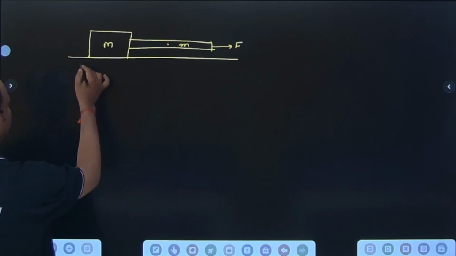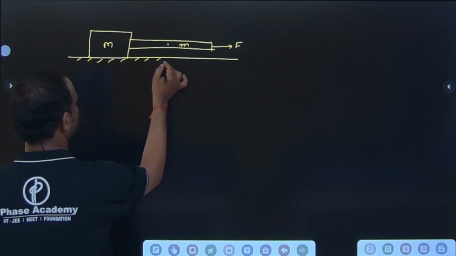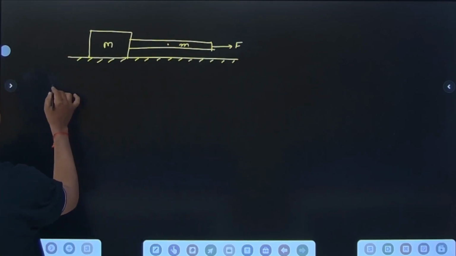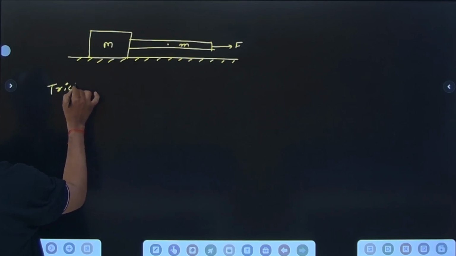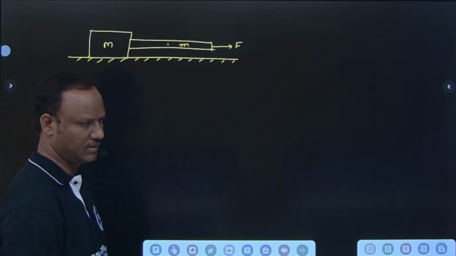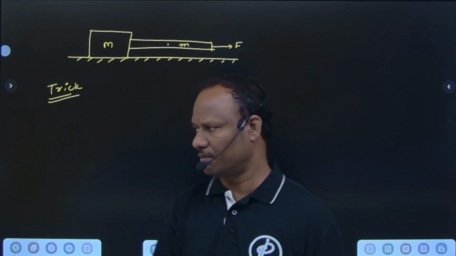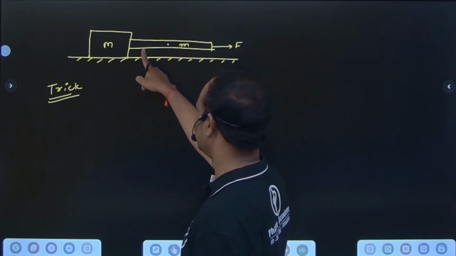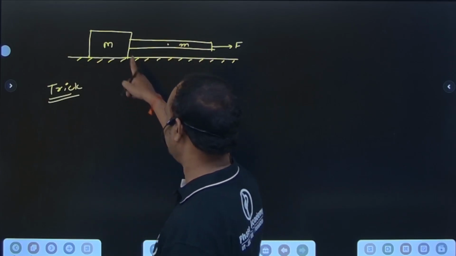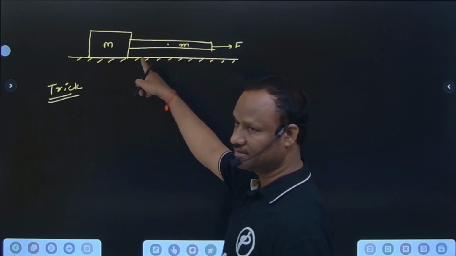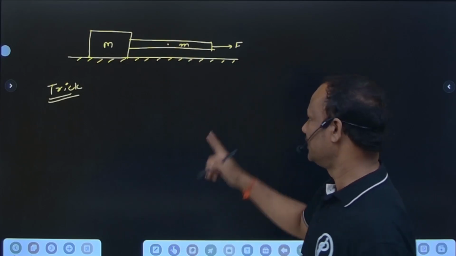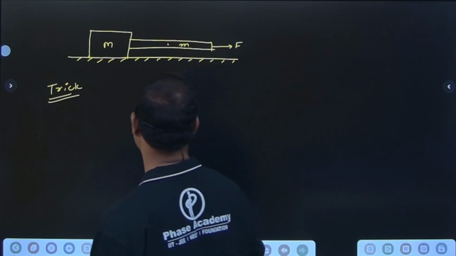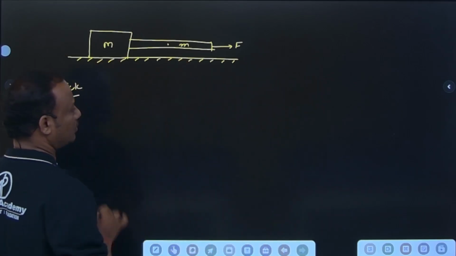For problem solving, the trick is this: whenever the mass of the rope is considered, you treat it as one massive body. So you have two bodies.